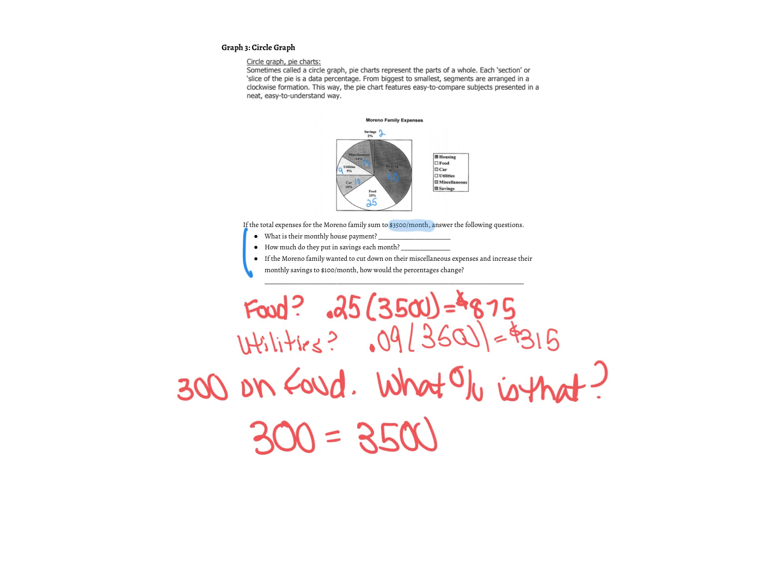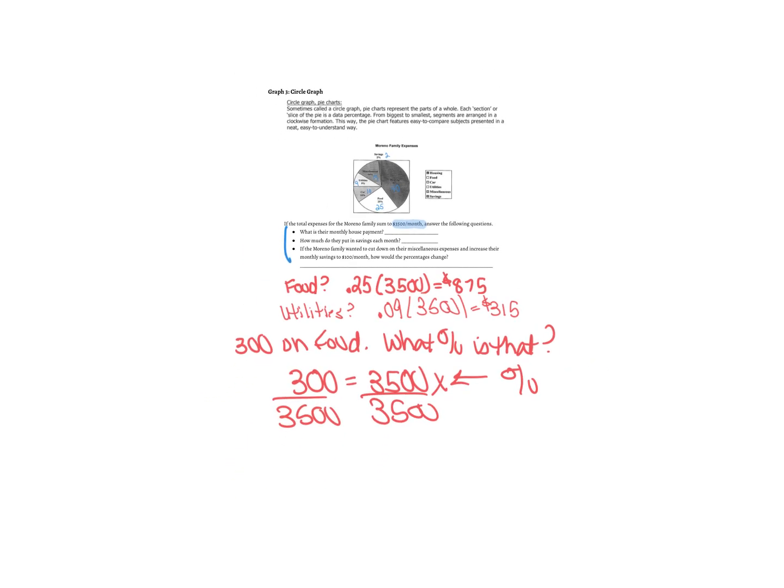So I'm going to take $3,500 and multiply it by the percent, just like we did above. And so this is going to be my percent that I'm going to spend on food. So to figure that out, I'm just going to divide by $3,500 on both sides. And 300 divided by 3500, x equals 0.086.